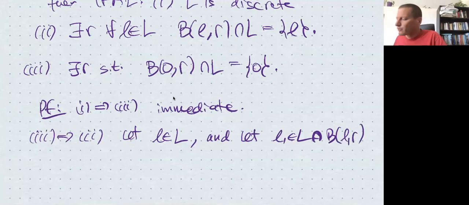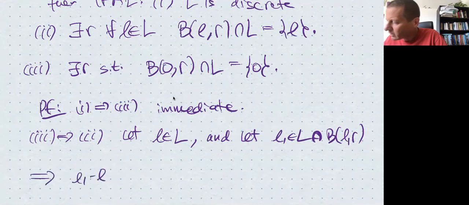I need to prove to you that this L1 has to be little l. So now I'm going to subtract little l from everything that you see. And so we get that L1 minus l is in L intersect the ball of radius R around 0.